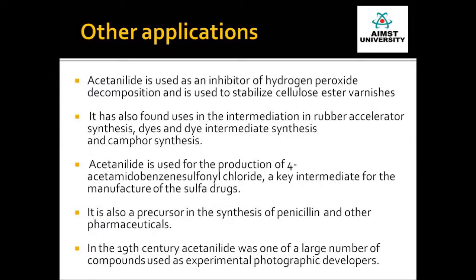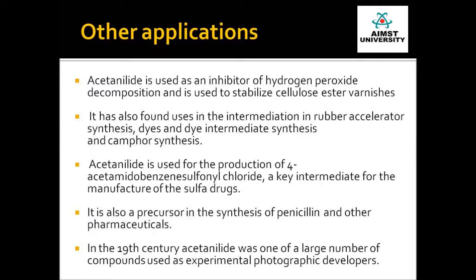Before starting the preparation of acetanilide, one should know the applications of acetanilide. Besides being analgesic and antipyretic, acetanilide is also used as an inhibitor of hydrogen peroxide decomposition and used to stabilize cellulose ester varnishes. It has also found uses as an intermediate in rubber accelerator synthesis, dyes and dye intermediate synthesis, and camphor synthesis.